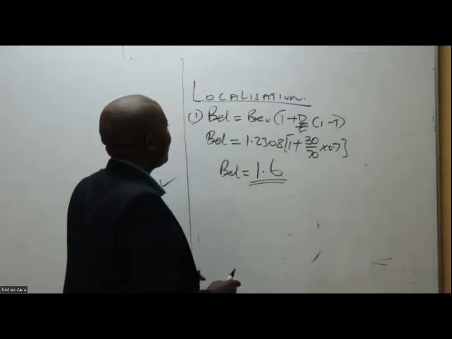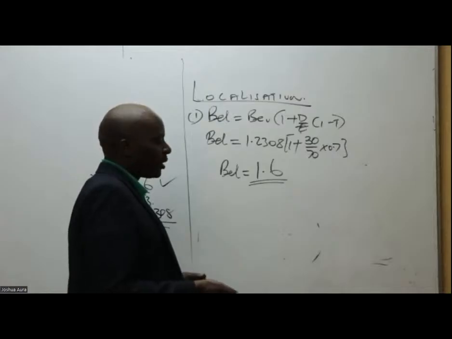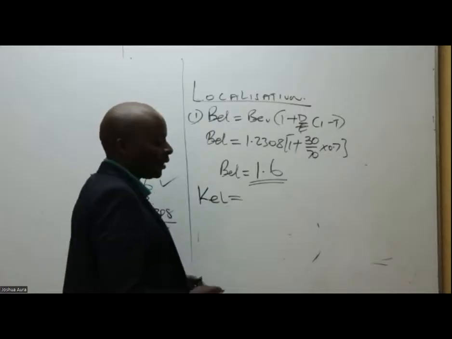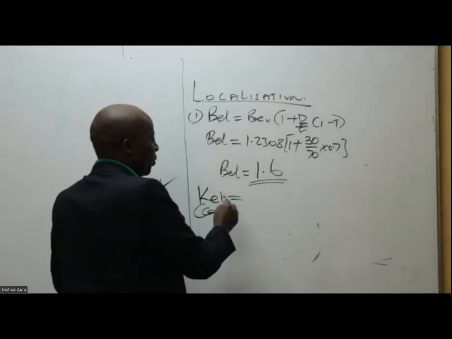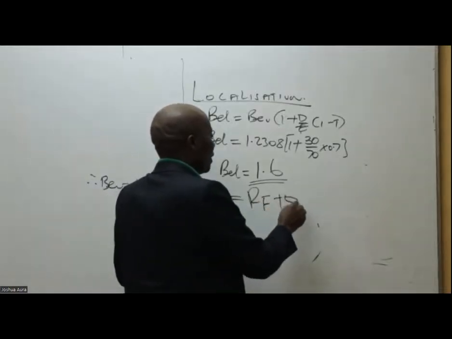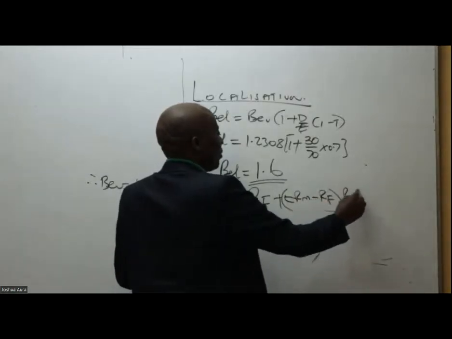So after localization, still in Roman 1, the next thing should be KEL. For KEL, we are using CAPM. CAPM is risk-free plus expected return of the market minus risk-free, multiplied by the BEL we have just obtained.